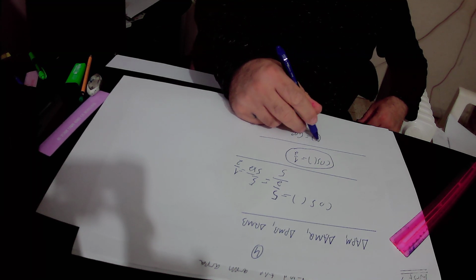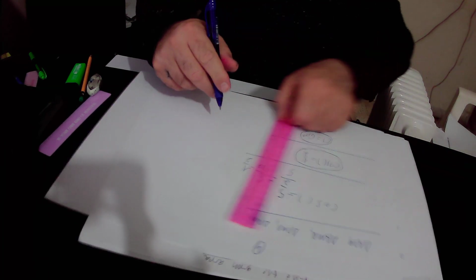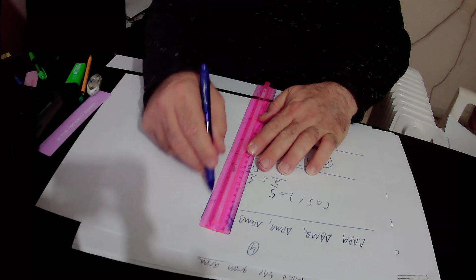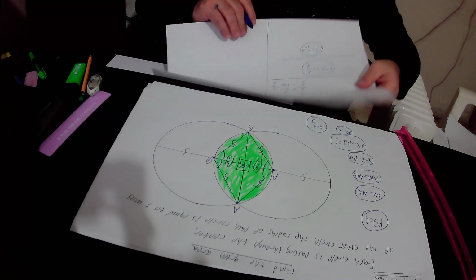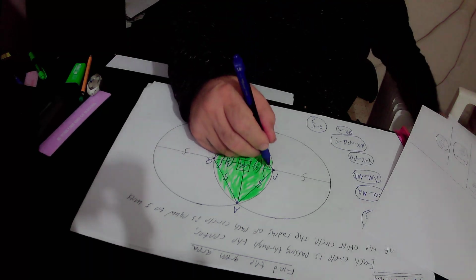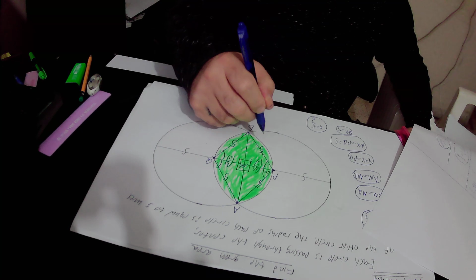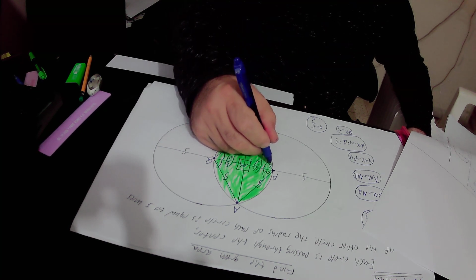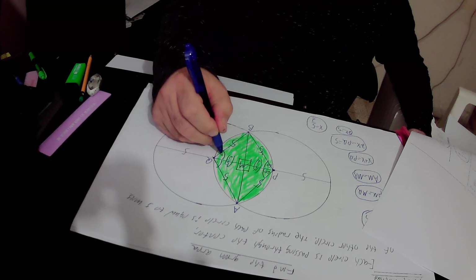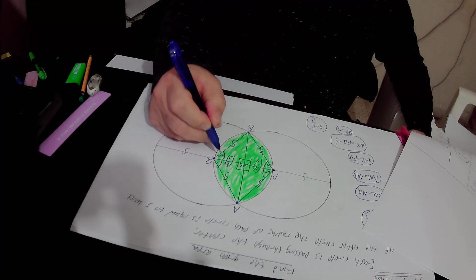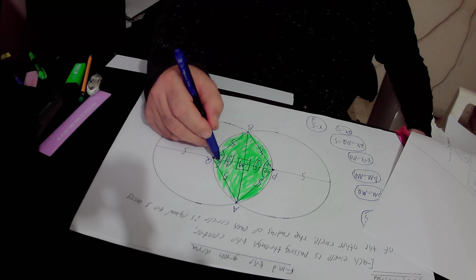That is to say, all four angles that I marked equal 60 degrees. So angle APM equals 60 degrees, angle BPM equals 60 degrees, angle BQM equals 60 degrees, and angle MQA also equals 60 degrees.